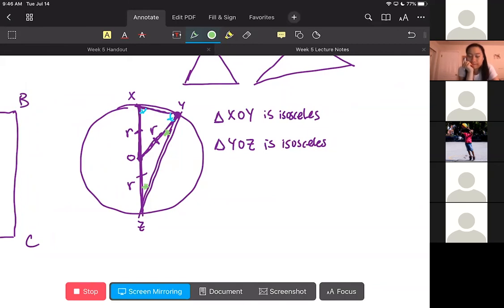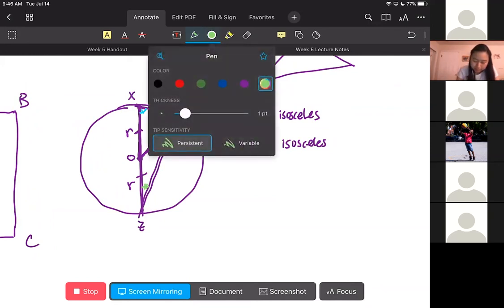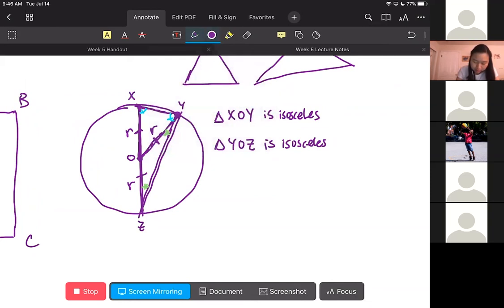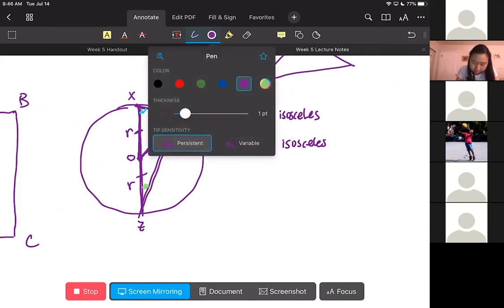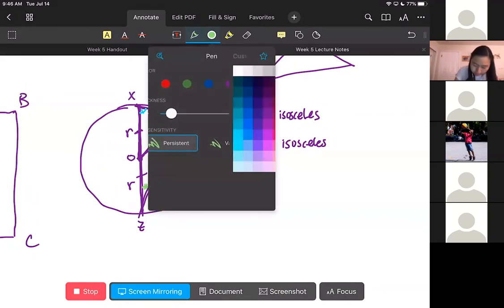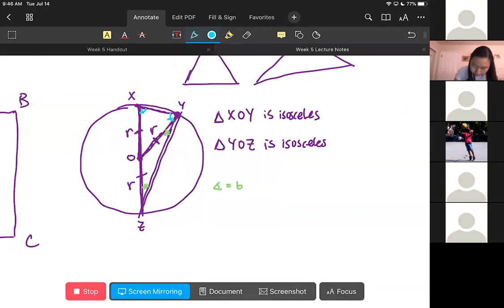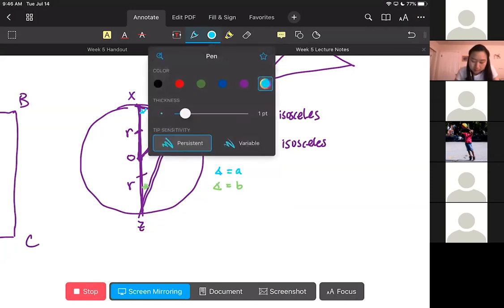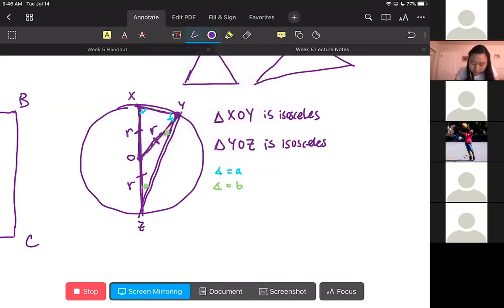Yes, please. Cool. So let's say the green angle, let's call this value B. And then the blue angle, let's call this value A. Then what we have is, let's look at triangle XYZ.